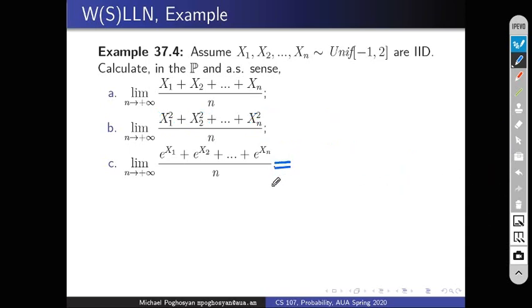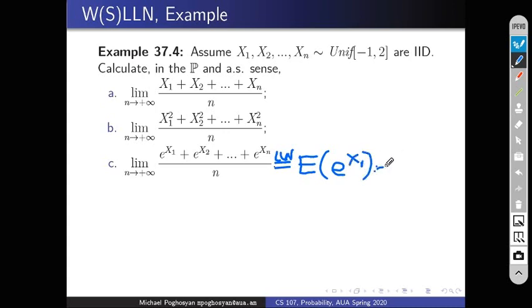Okay, and how to calculate this? Again, this is y1, y2, yn, n random variables over n. So this is the average of those random variables. They are independent and identically distributed. So this tends by the law of large numbers to the expected value of e to the x1.